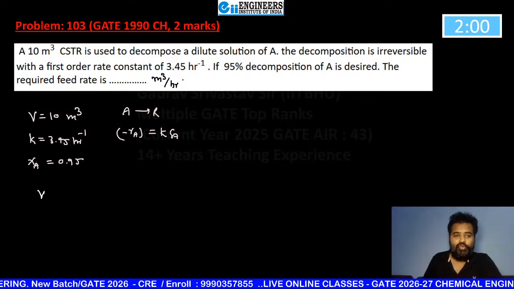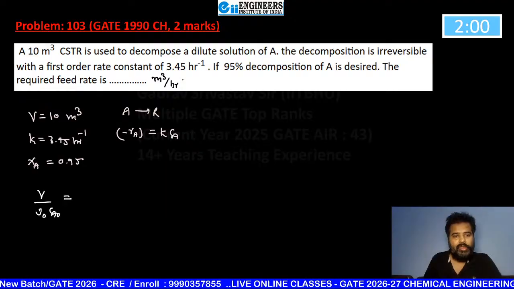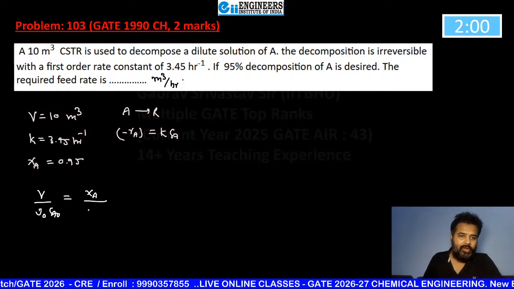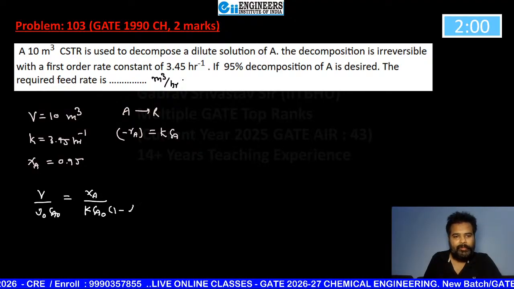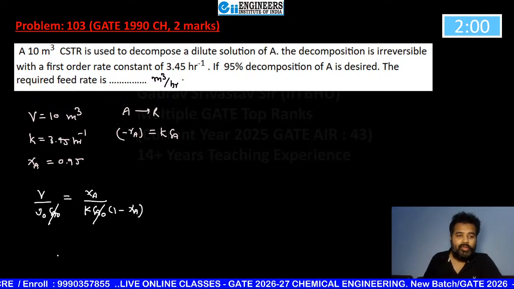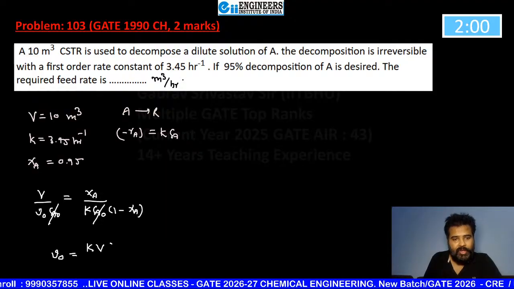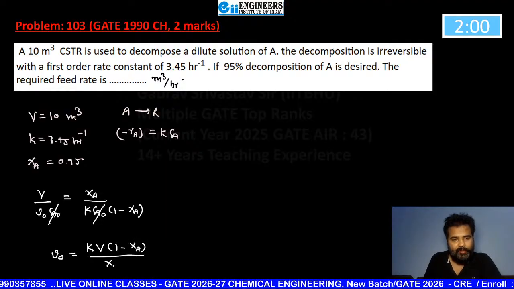So V by V naught Ca naught, this form we are going to use, and it is a CSTR, so no need to worry, it is Xa upon minus Ra, and minus Ra is clearly K Ca, and Ca is Ca naught 1 minus Xa. Ca naught cancelled. V naught can be written as K V 1 minus Xa whole upon Xa.